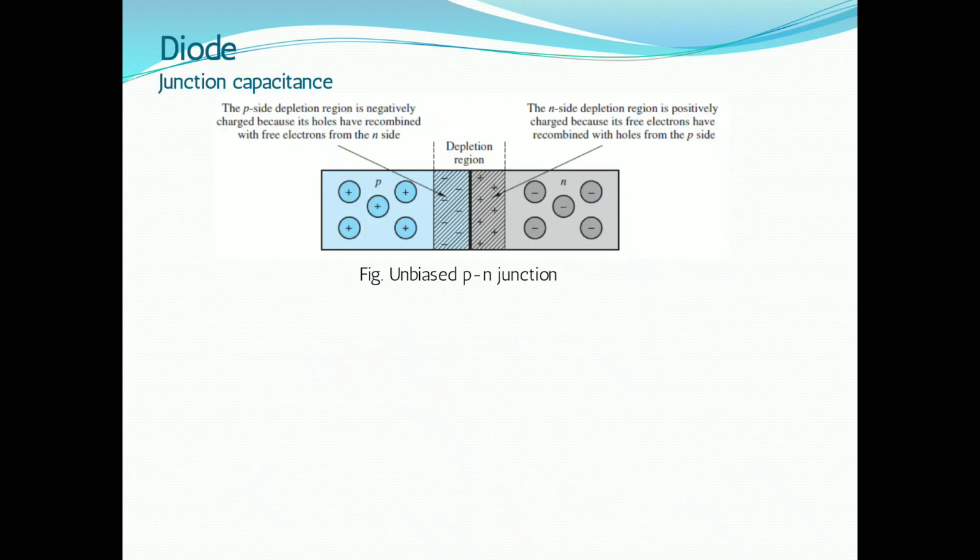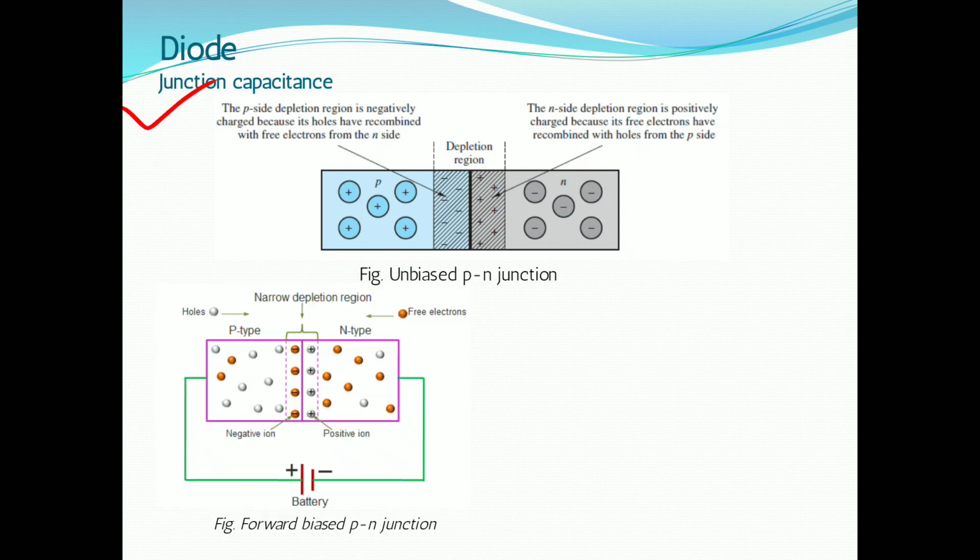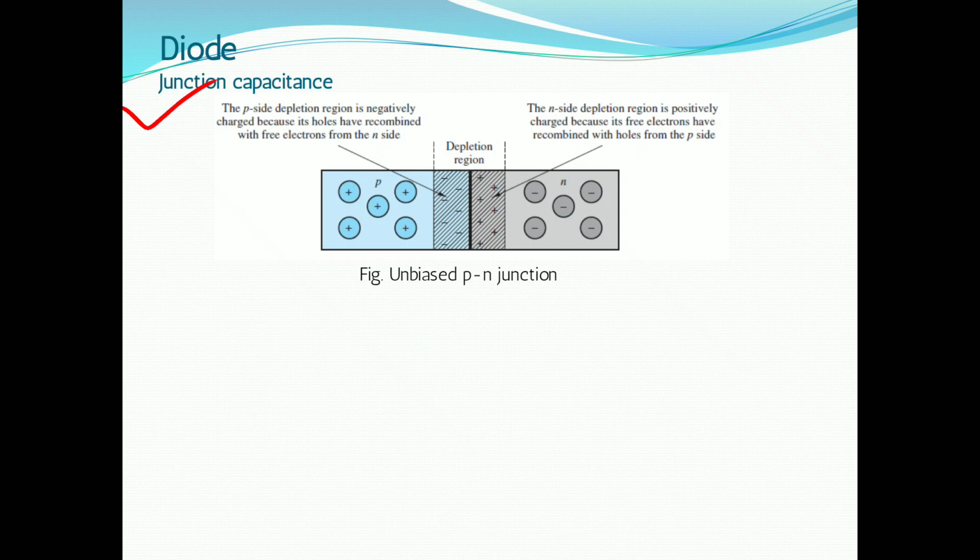Now let us look at some terminologies of diode. The first that we are going to see is junction capacitance. So what happens when we bring the p-type material and n-type material together? The p side depletion region is negatively charged because its holes have recombined with free electrons from the n side.